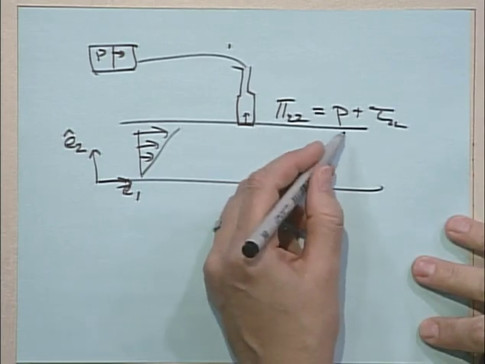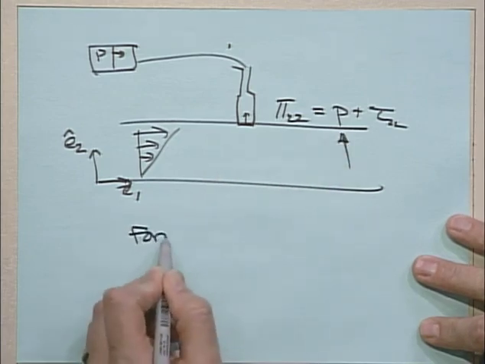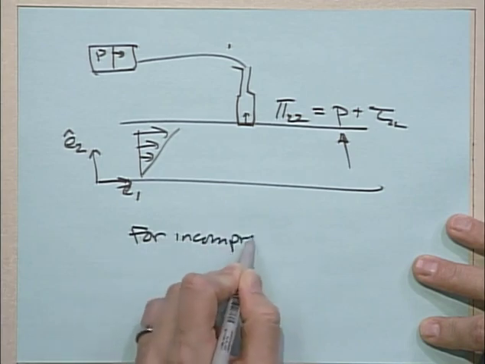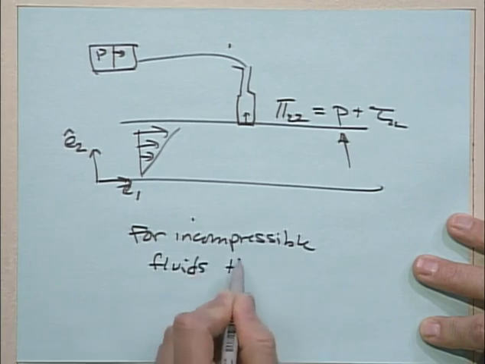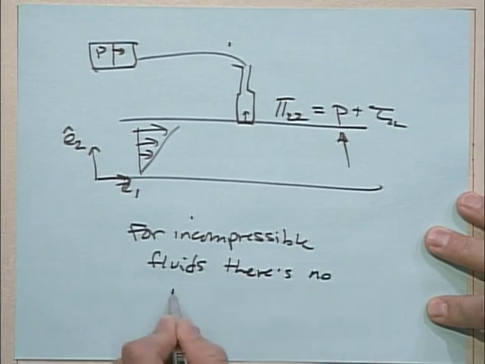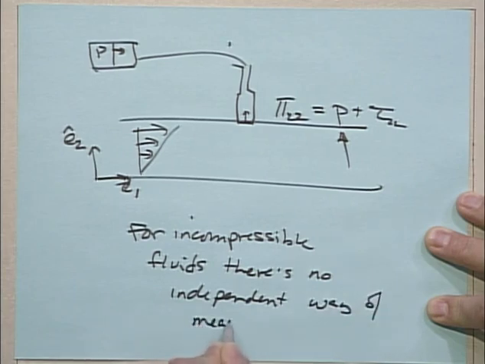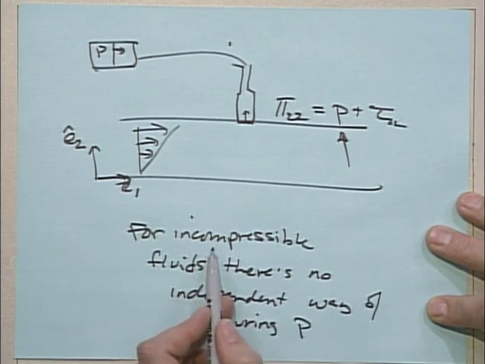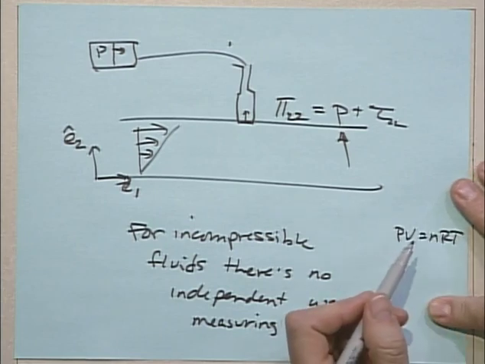If we had a way of measuring pressure independently, we could subtract it off, but for incompressible fluids, there's no independent way of measuring P. If it's a compressible fluid, we can measure P. PV equals nRT, or some more complicated equation of state.